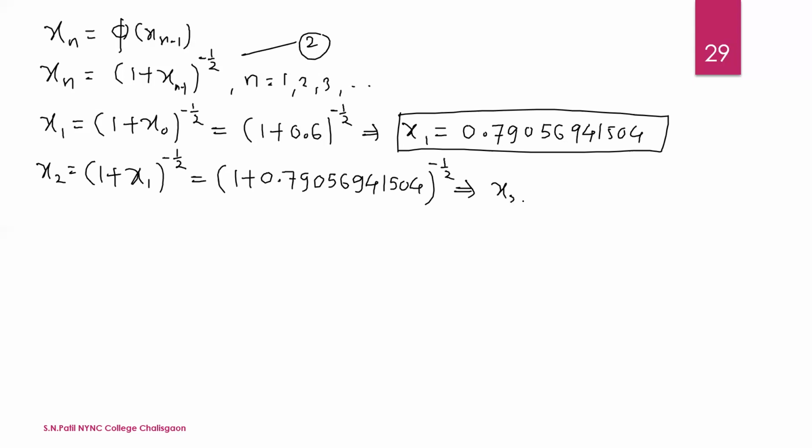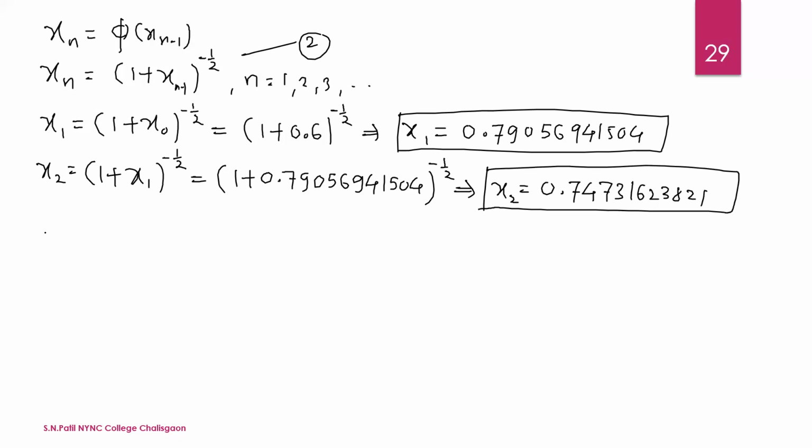We get x2 is equal to 0.74731623821. Now the last iteration, x3 is equal to, put n equal to 3 here, 1 plus x2 raised to minus 1 by 2.